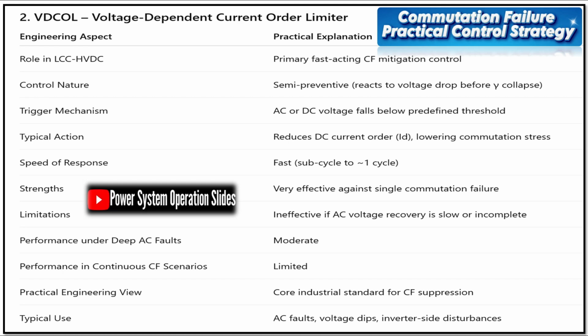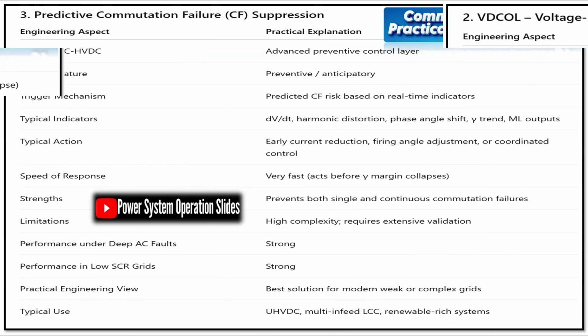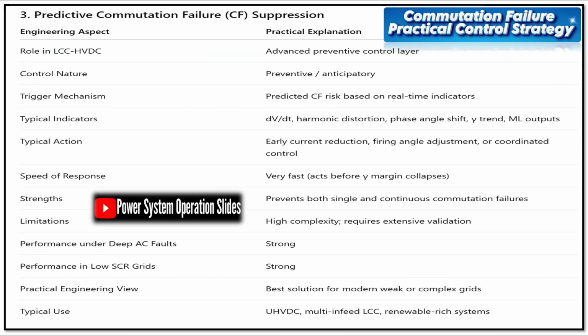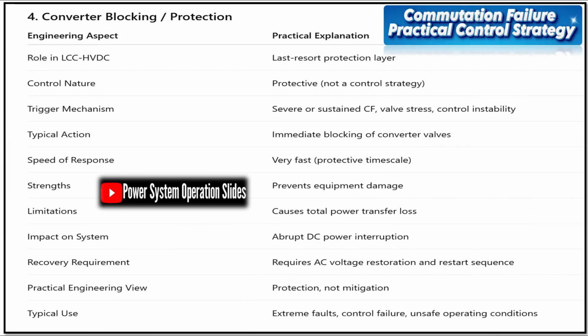These events have provided valuable lessons, highlighting that AC grid strength is the single most important factor in preventing CF. Dynamic reactive support is essential, multi-in-feed interaction must be studied carefully, and operator training and fast protection coordination matter significantly.